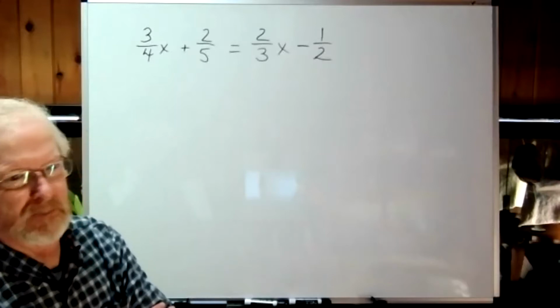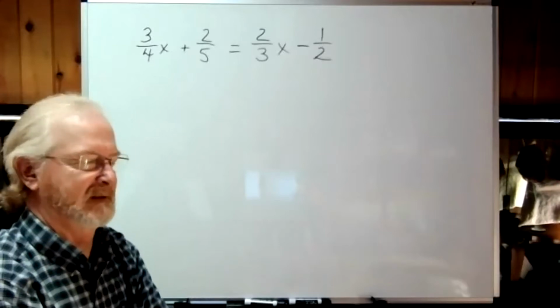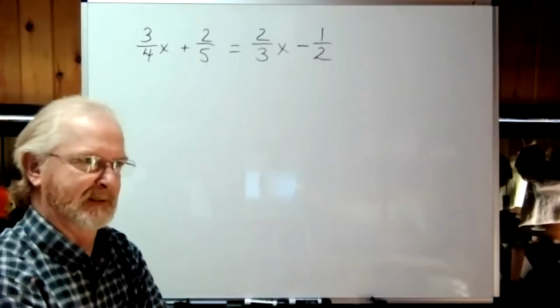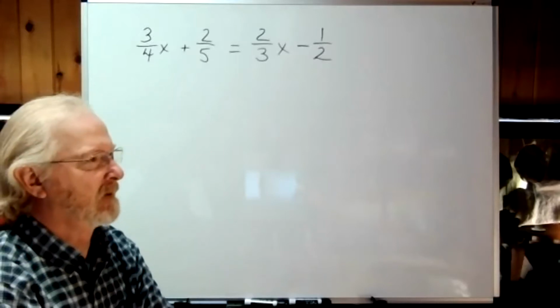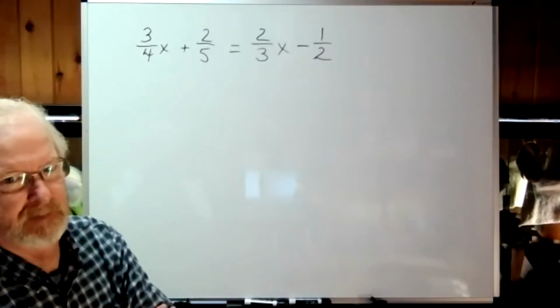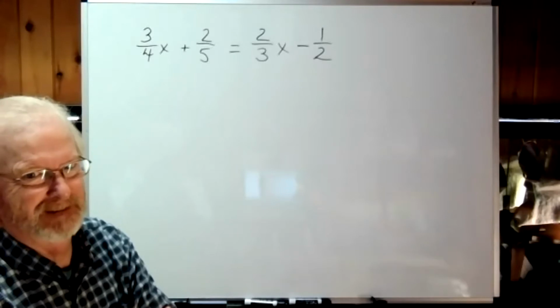As we get into more and more complicated equations like this, there often is more than one way to go about doing it. But they should all end up at the same final answer.